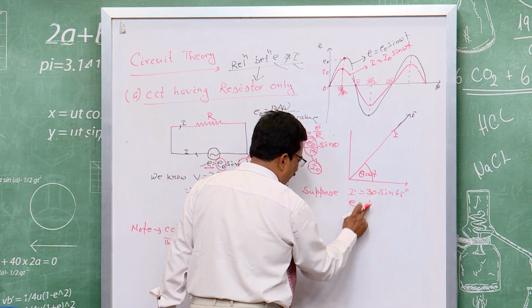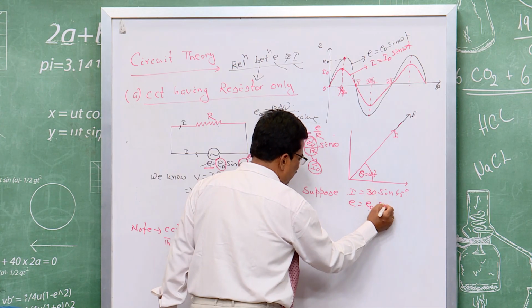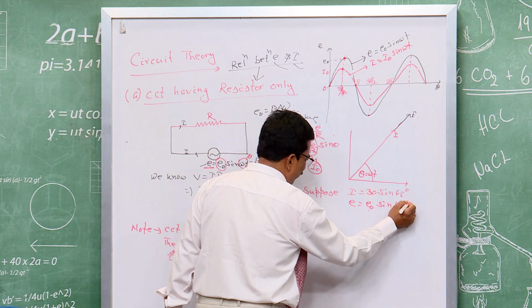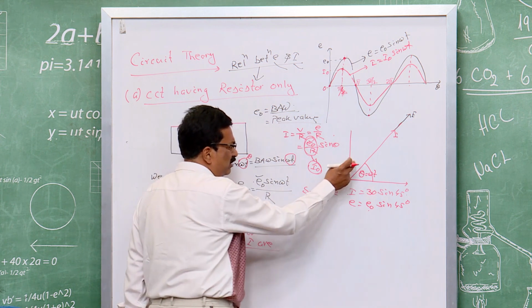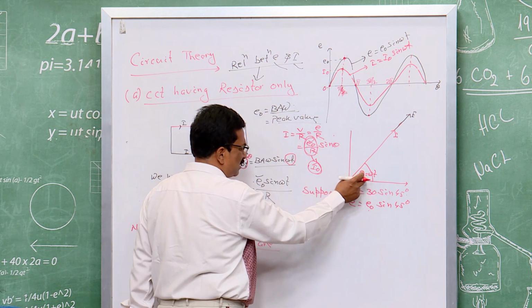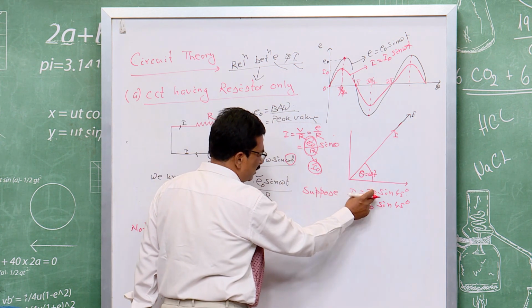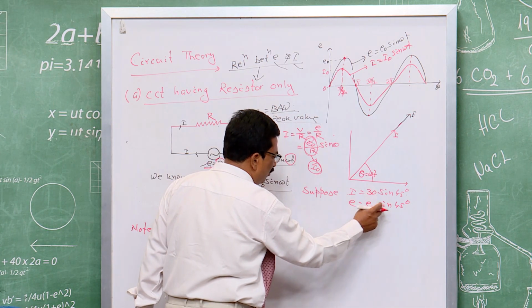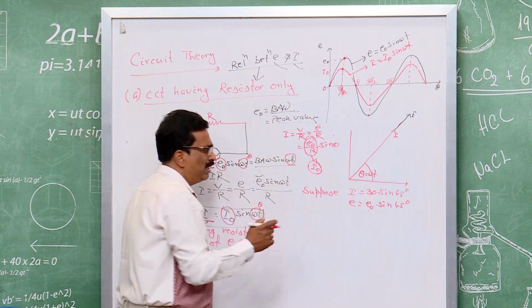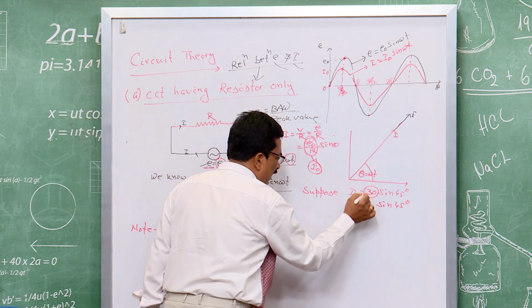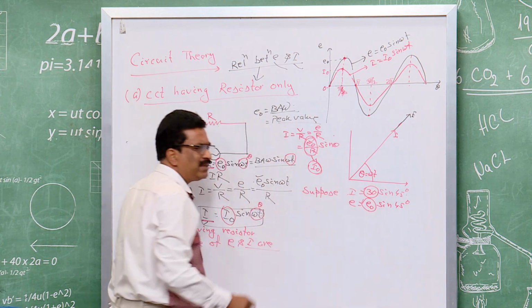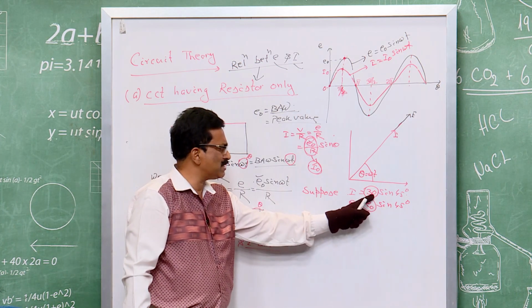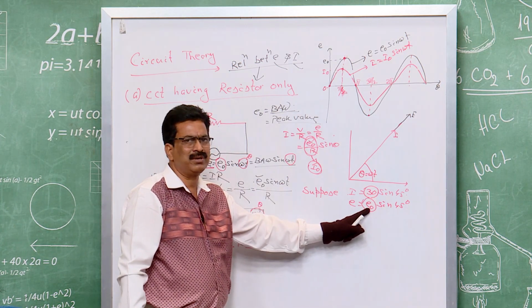Then E is equal to E0 sin 45 degrees, because it is a resistor, meaning both have the same angle. So if I is equal to 30 sin 45, then E is equal to some value times sin 45 only. Then the question comes, if this is I0, then what will be E0?